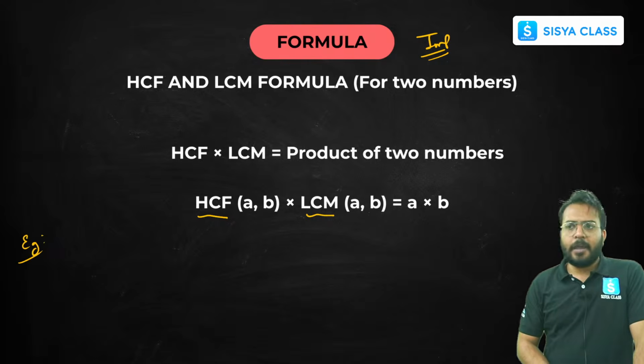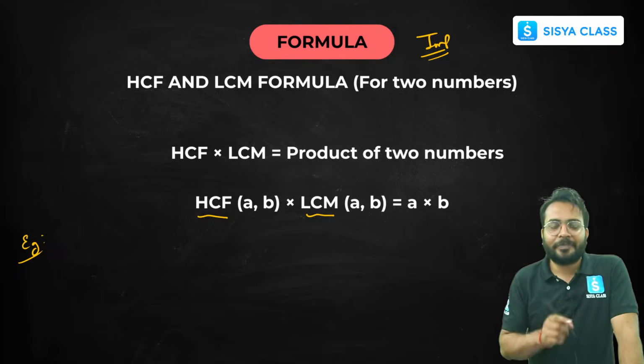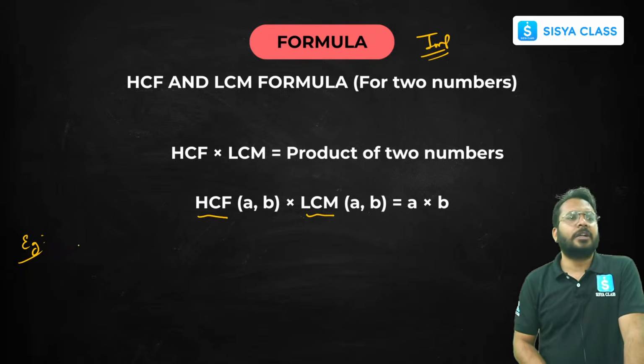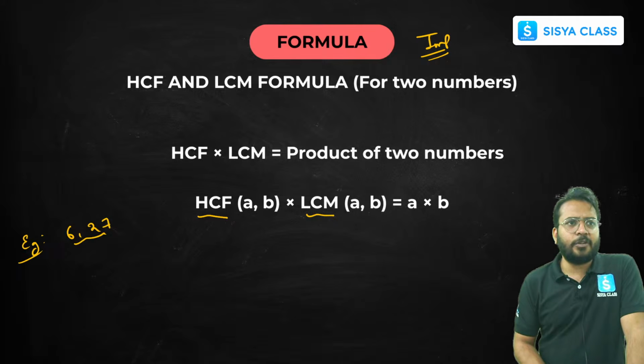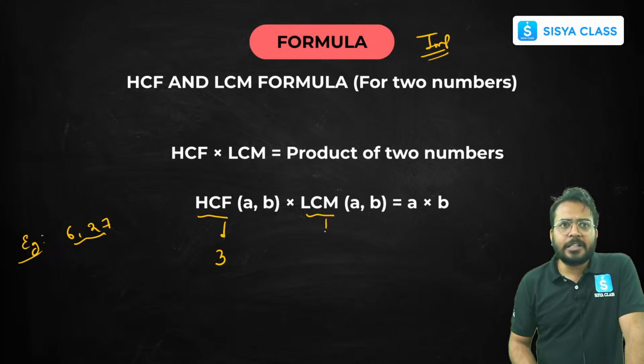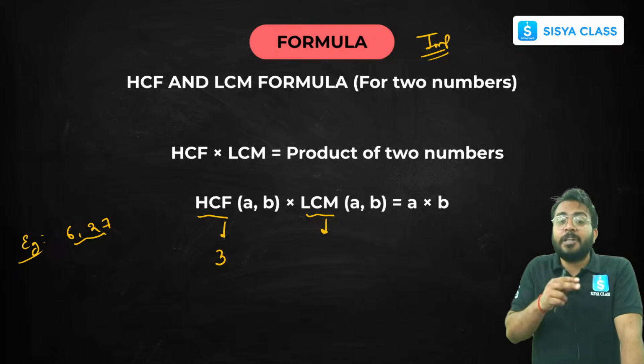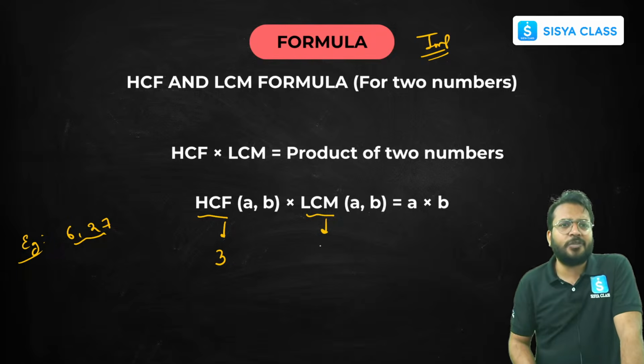Suppose I am taking 6 and 27. The HCF of 6 and 27, just now we got, is going to be 3. The LCM of 6 and 27, the smallest number that will be divisible by 6 and 27, I think is 54, right?